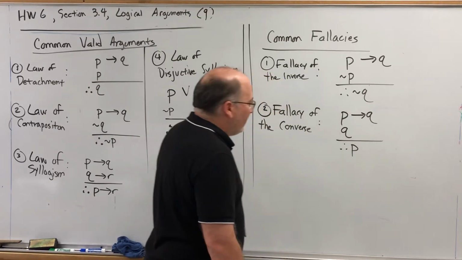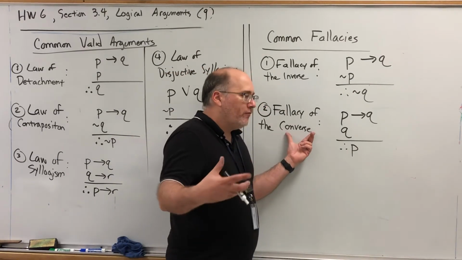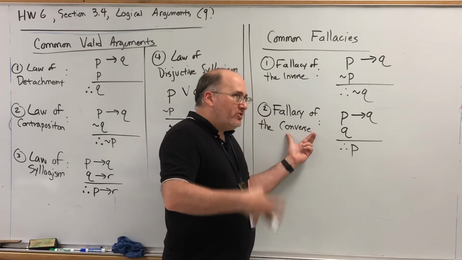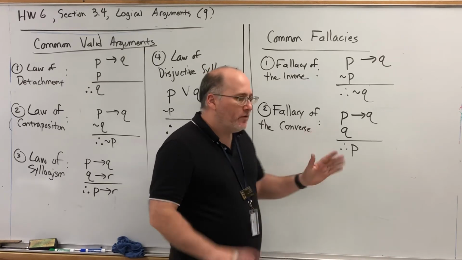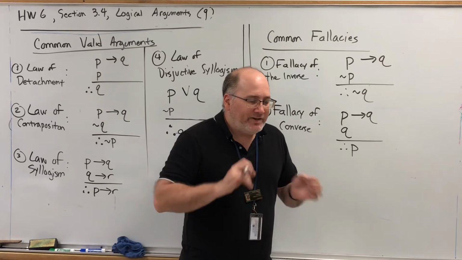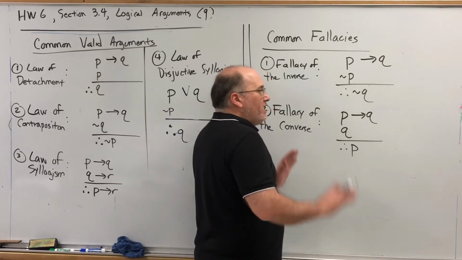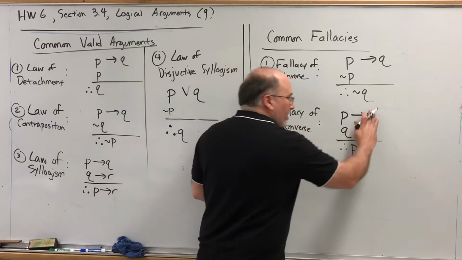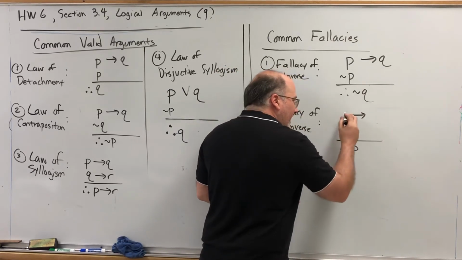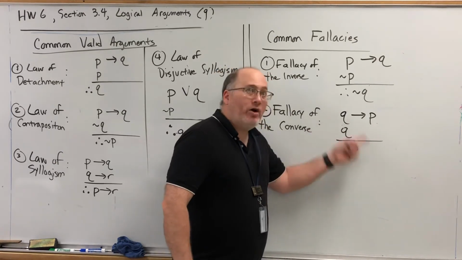The reason it's called the fallacy of the converse is because you may recall from the previous series of videos that the converse is where you switch the antecedent and the consequent, but it is not logically equivalent to the conditional. However, if you incorrectly assumed that you could switch these, you can't. But if you incorrectly assume that you did, this is the law of detachment.